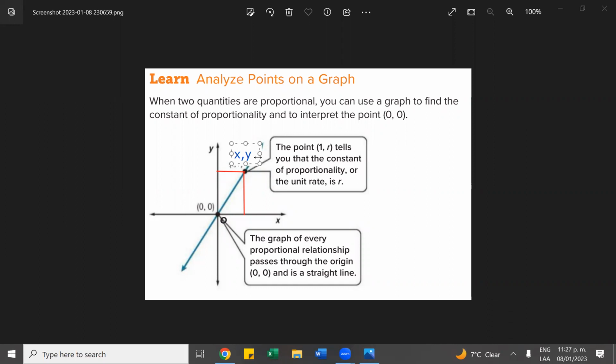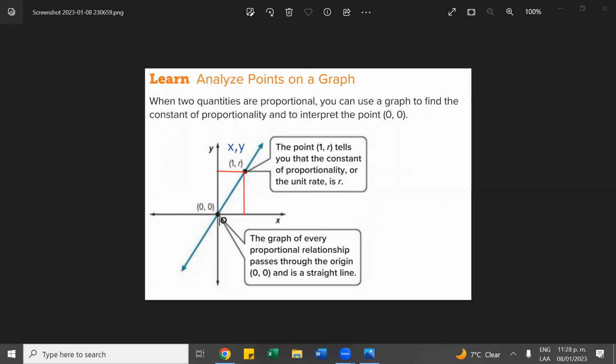So what does that mean? When we have any set of points in a parenthesis, like in this case (1, r), it means that x is 1 and y is r. Why r? Because we don't know the number that we have right here. So the constant of proportionality will be r, because any number divided by 1 is that same number.